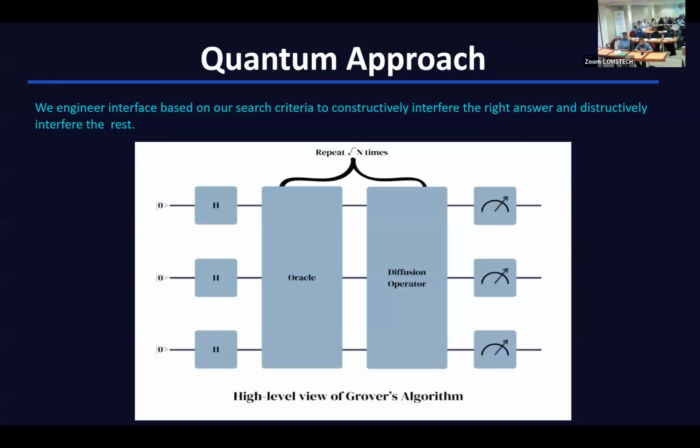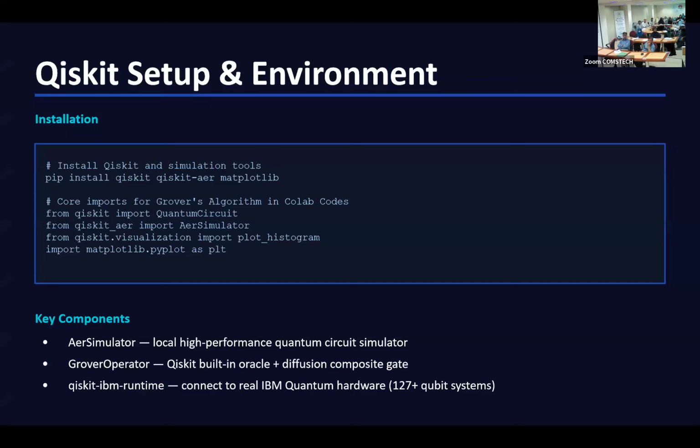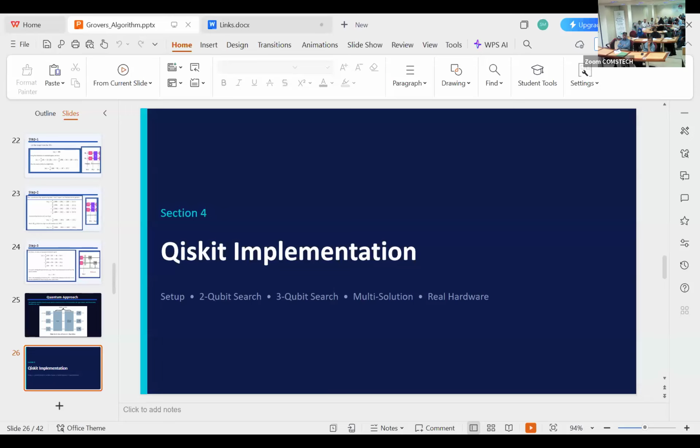Now comes the implementation. I have a few slides of it here, but I will show you them on Google Colab, and I will share the link so that all of you can open it as well. Just a minute.